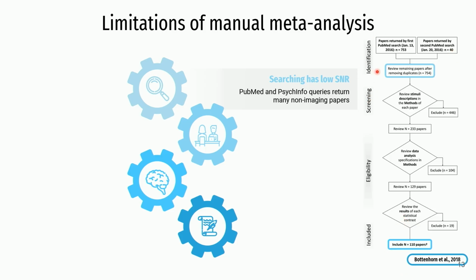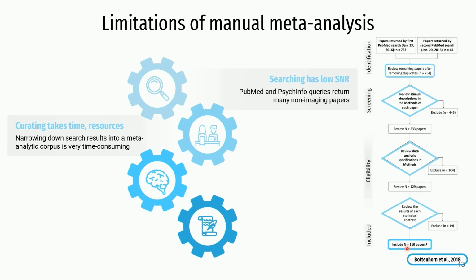When they ran their literature review, they first found 754 studies that matched their search query. And you have to go through all of those studies. And then they ended up with only 110 that really fit the eligibility, the search criteria that they wanted to meta-analyze. So low signal-to-noise ratio.